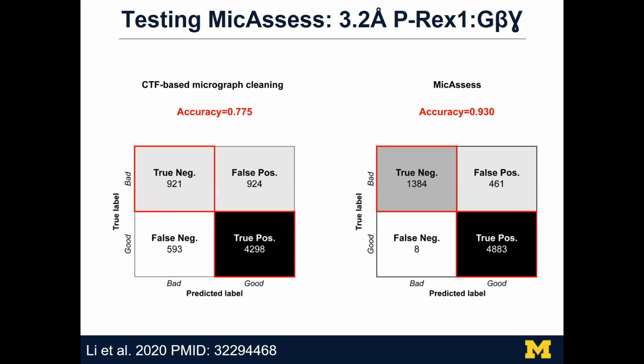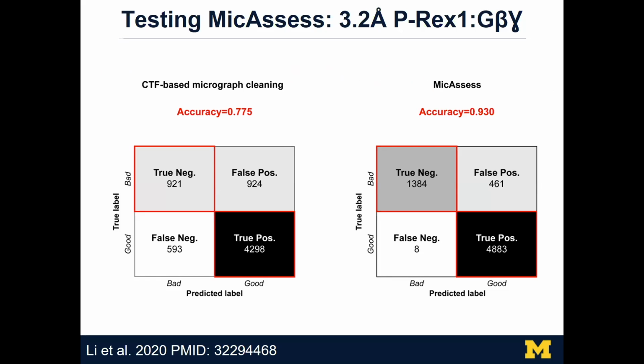A conventional way to do micrograph cleaning is to use a parameter called CTF max resolution, which is a number outputted by the CTF estimation program. We compare the performance of the two methods. For CTF-based micrograph cleaning, you need different arbitrary thresholds for tilted and untilted data.